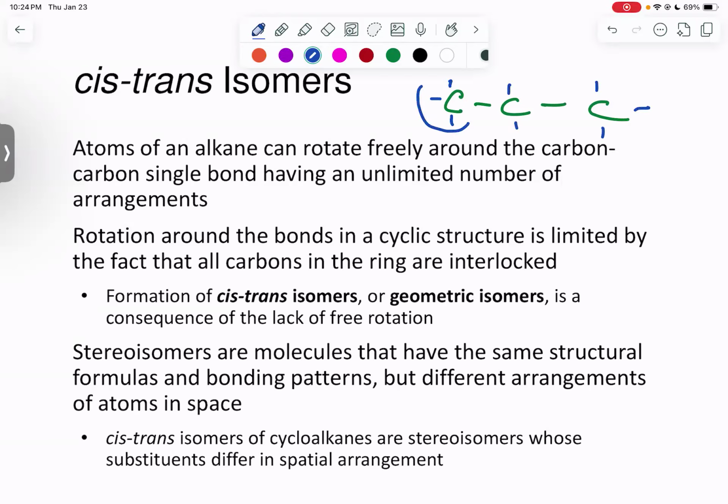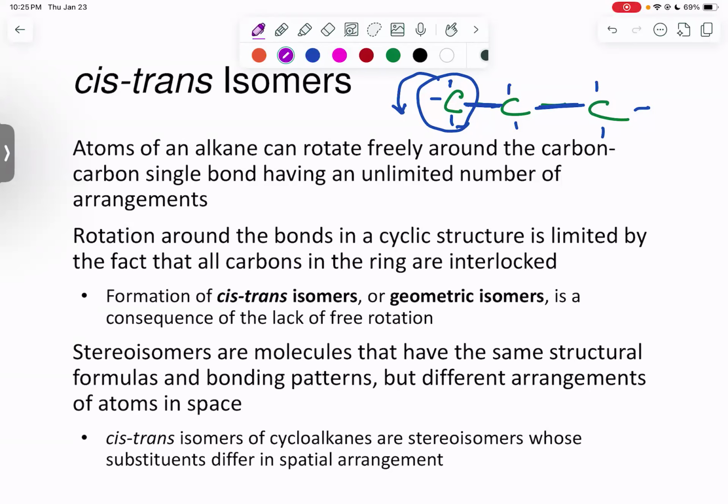I can take this carbon in the end and I can actually rotate it around. I can go in a circle with it, right? It doesn't matter. It will have free rotation about this bond right here. Free rotation about this bond as well.